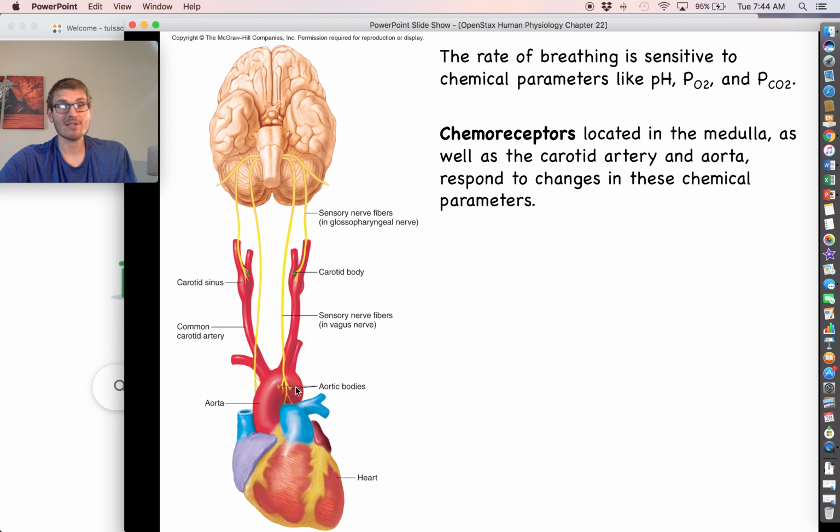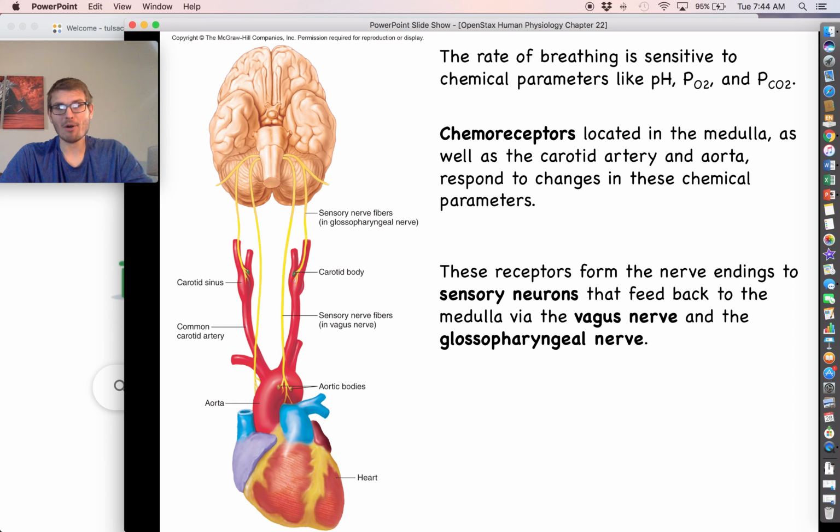These are chemoreceptors. These are the types of receptors that actually respond to chemicals that are dissolved in some liquid medium, kind of like what we talked about with taste and smell. So these chemoreceptors can respond to oxygen in the blood, carbon dioxide in the blood, and hydrogen ions in the blood, which again is what produces changes in pH.